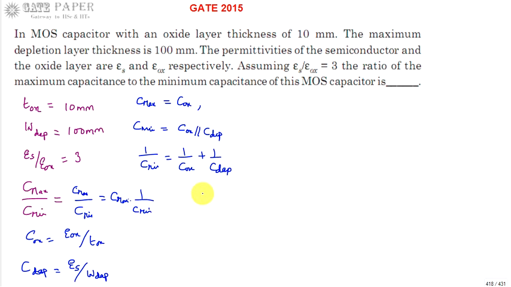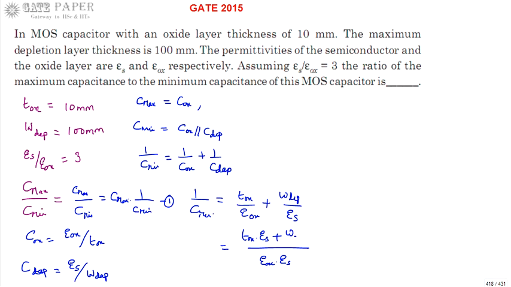Now this is the first equation. 1 by C minimum is equal to 1 by COX plus 1 by C depletion, which is TOX divided by epsilon OX plus W depletion divided by epsilon S. So this gives epsilon OX into epsilon S over TOX into epsilon S plus W depletion into epsilon OX.